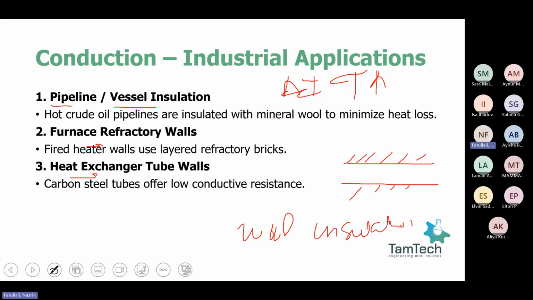This mineral wool insulation has very low thermal conductivity, meaning that it's a very poor conductor. It limits your temperature leakage to the atmosphere. If we let heat escape freely, the temperature of the crude oil will cool down, the viscosity of the fluid will increase, and in the end you can get wax deposition. This is one of the serious operational problems in fluids, and we want to avoid wax deposition. This is one of the industrial applications where we use conduction.